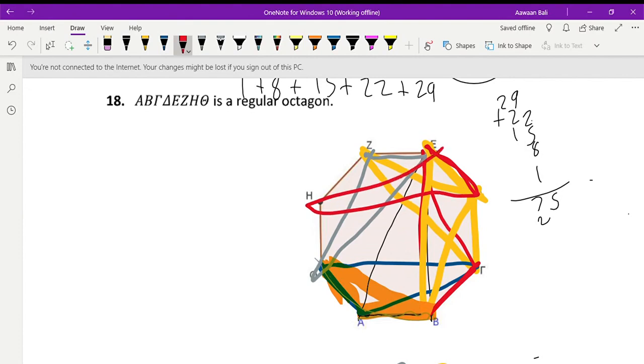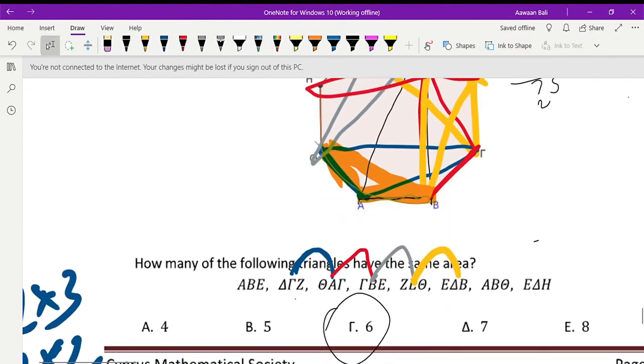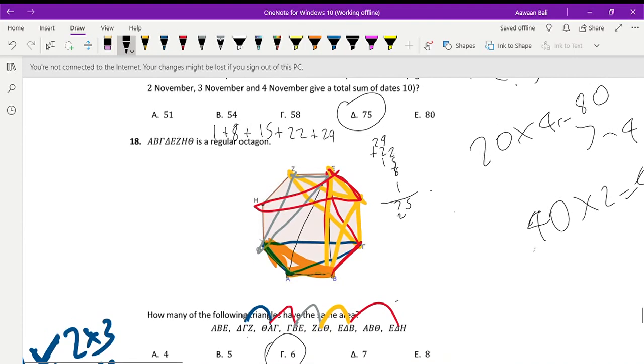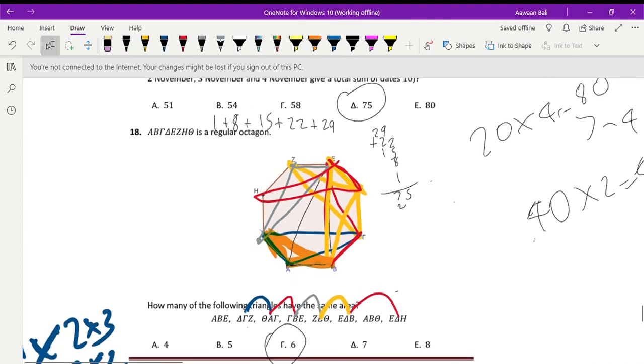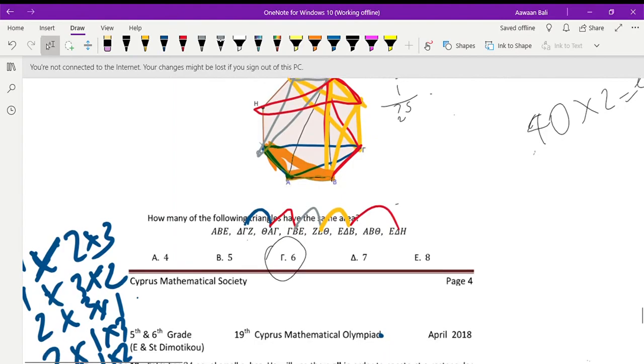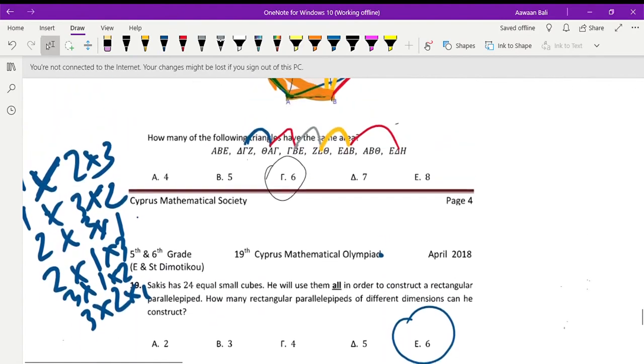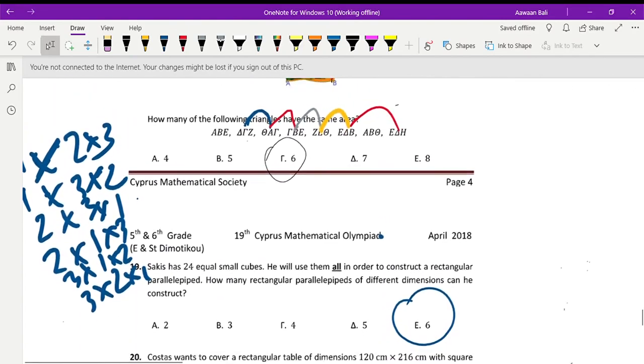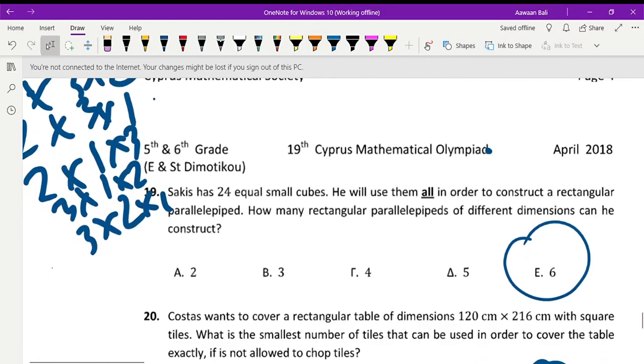So basically that's the same. So 1, 2, 3, 4, 5, 6. So the answer is gamma, 6. There are 6 equal areas. But basically you should draw them one by one, and people who just look at them directly wouldn't exactly understand, but you understand if you draw them step by step. So yes, it's gamma.